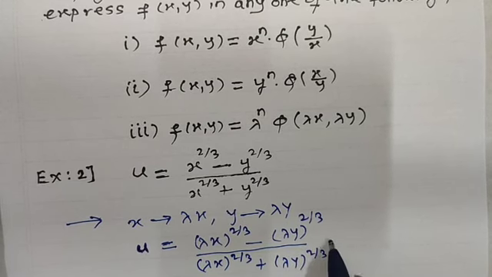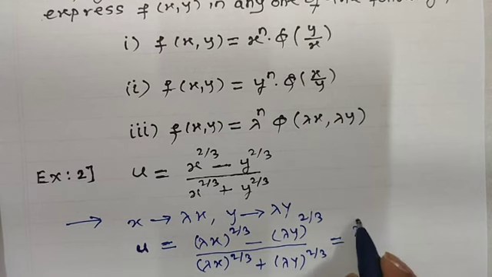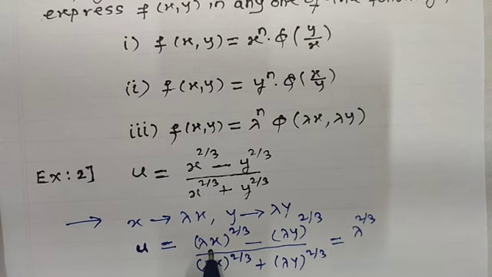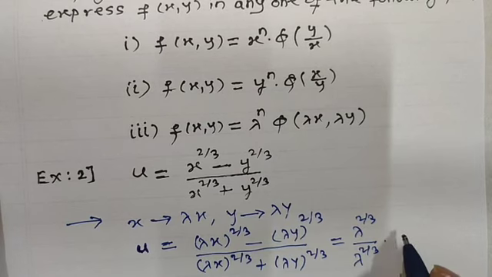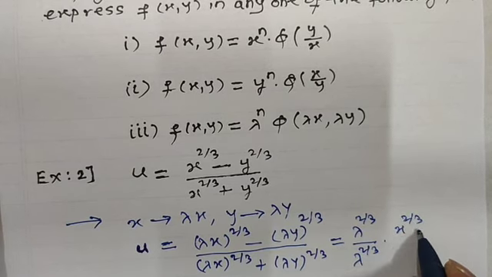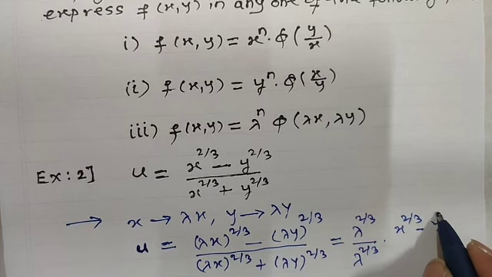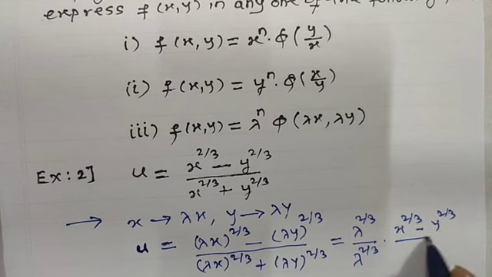From numerator we can take lambda to the power 2 by 3 common from each term, and from denominator also we can take lambda to the power 2 by 3 common from each term, and then numerator becomes x to the power 2 by 3 minus y to the power 2 by 3 divided by x to the power 2 by 3 plus y to the power 2 by 3.